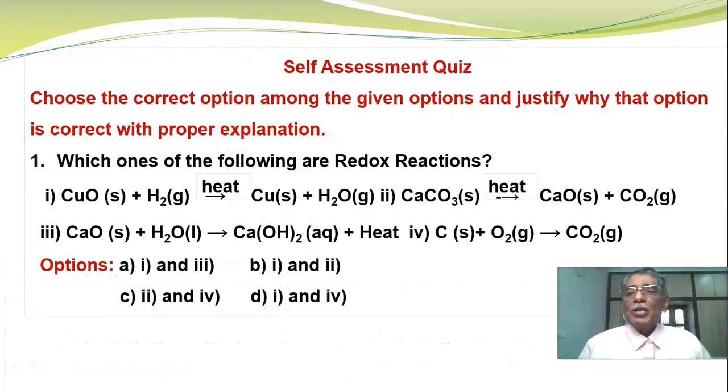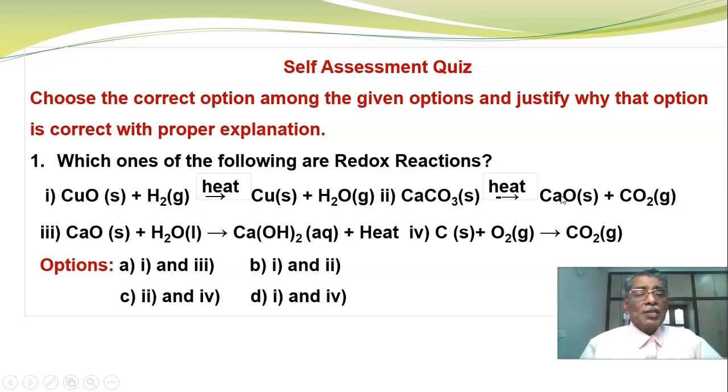Self-assessment quiz. Choose the correct option among the given options and justify why that option is correct with proper explanation. Question 1. Which ones of the following are redox reactions? 1. CuO + H2 upon heating gives rise to Cu + H2O. 2.